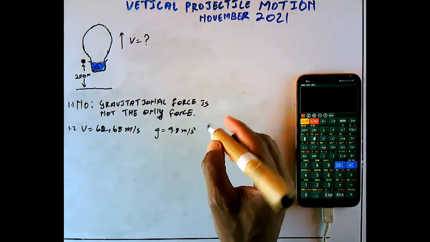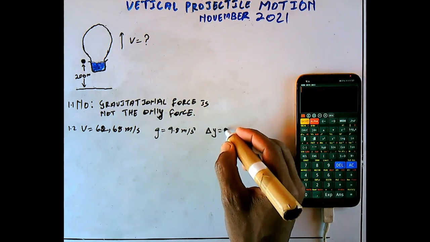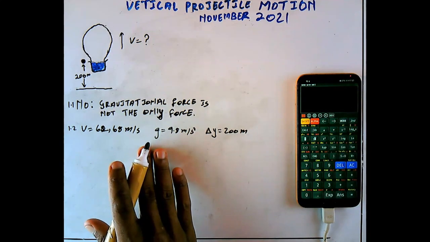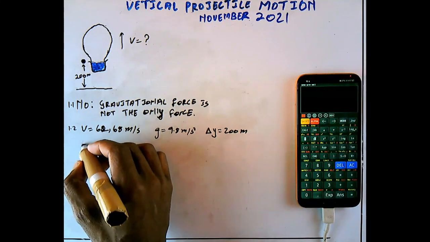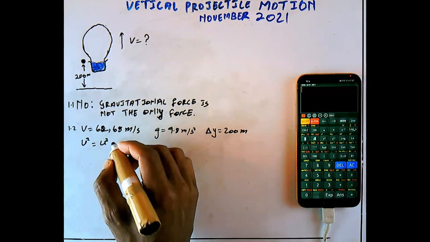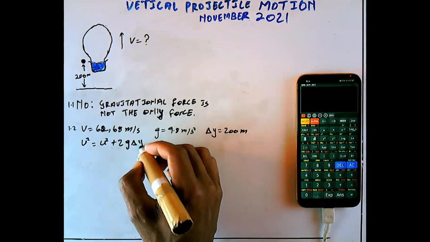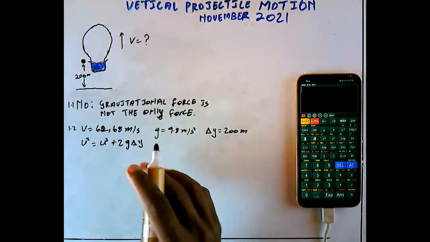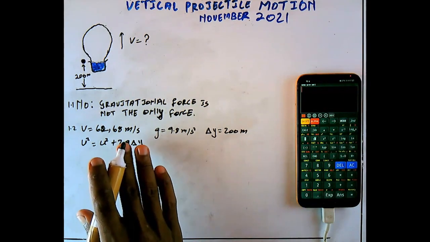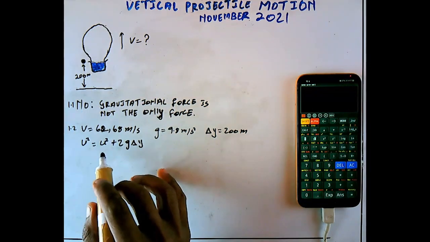The distance, change in y, equals 200 meters. With this information, we can use the formula v squared equals u squared plus 2g times the change in position, which is s. Another important thing to keep in mind is that a direction needs to have a sign. I will say when it goes down, the sign is positive.